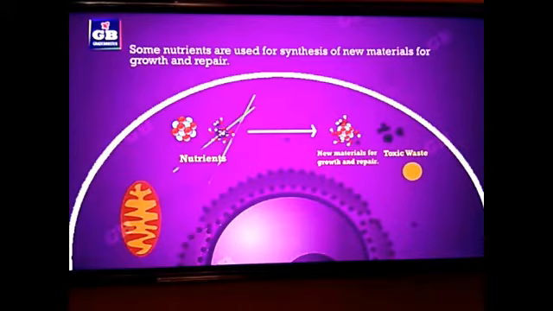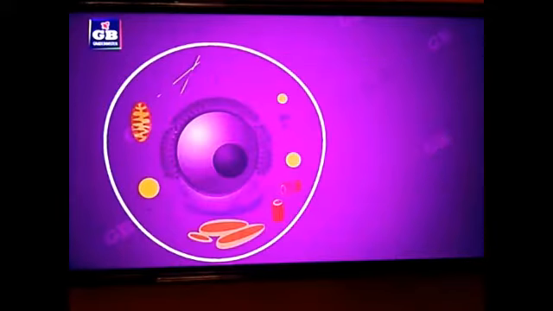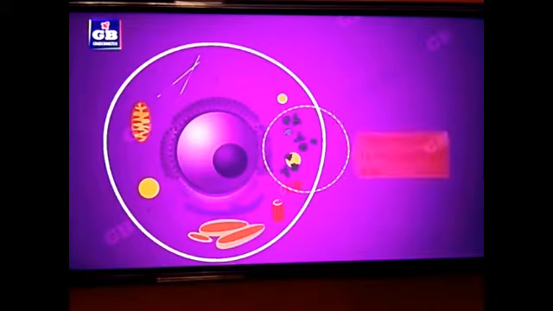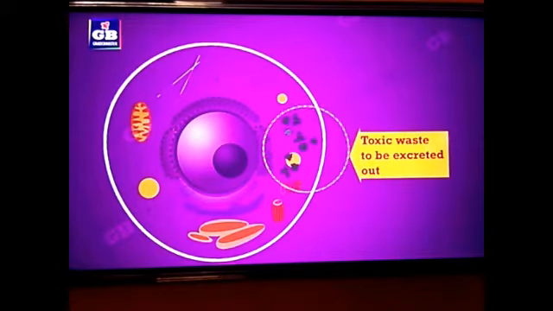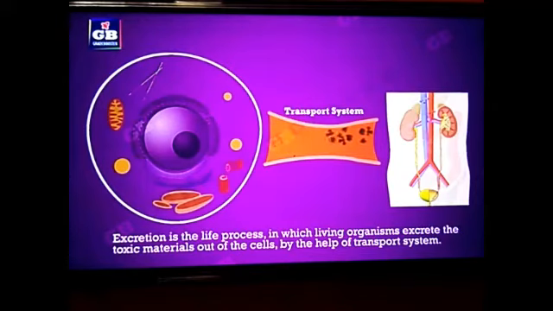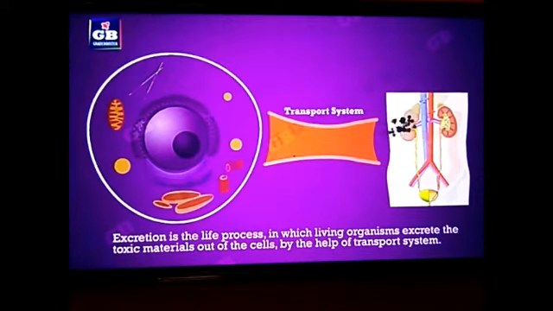While carrying out the above activities, cells generate certain molecules which are toxic and have to be excreted out of the body. Excretion is the life process in which living organisms excrete the toxic material out of the cells with the help of the transport system.